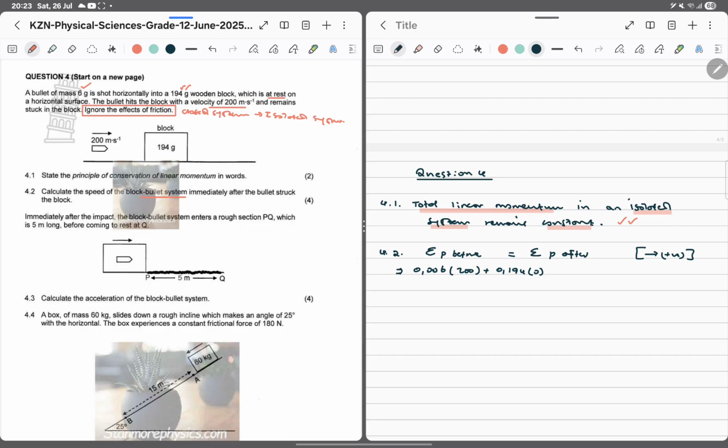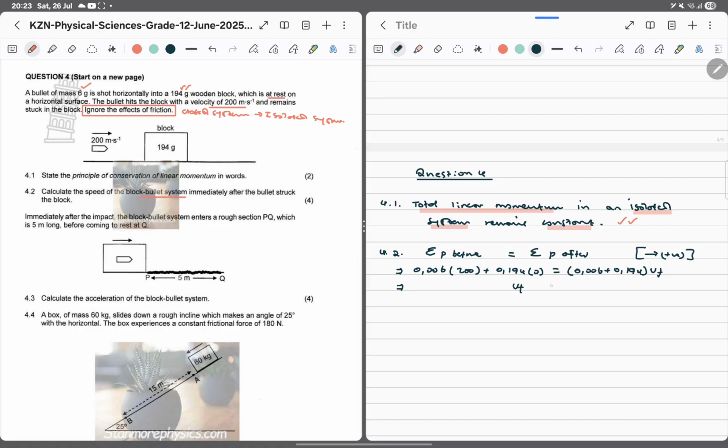I missed to highlight that part. Is equal to, now these ones got stuck, so their masses are going to add up into one whole mass, and their velocity will be the same.